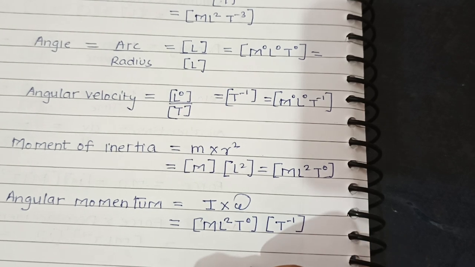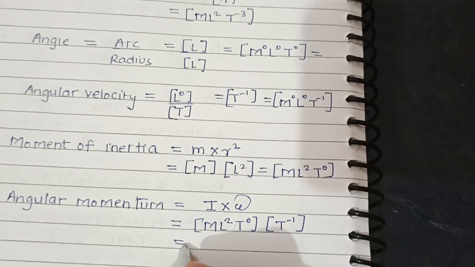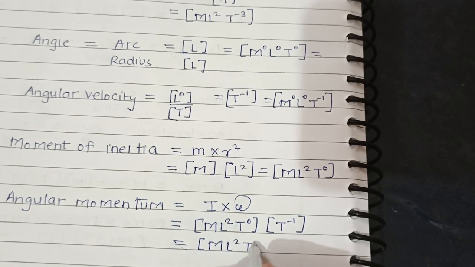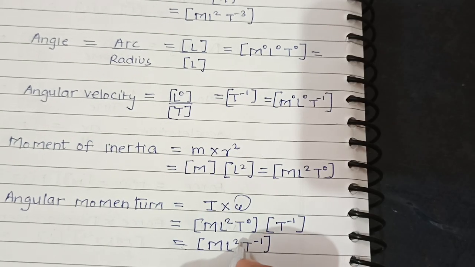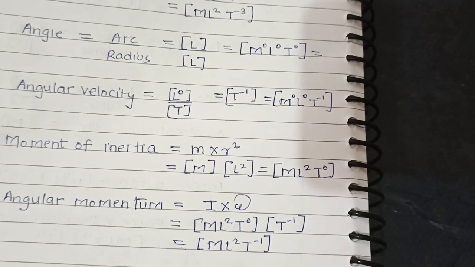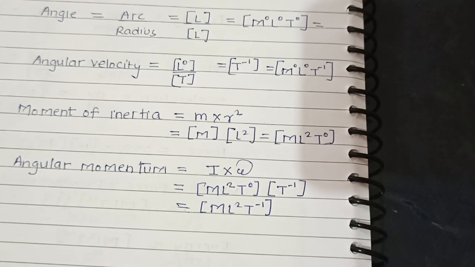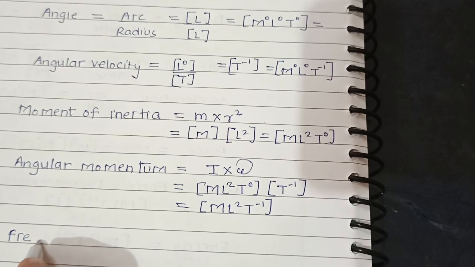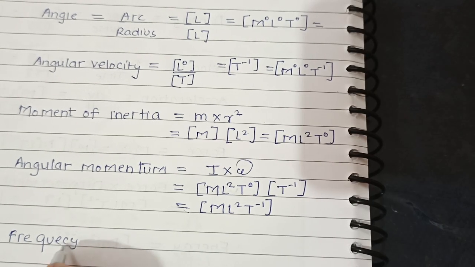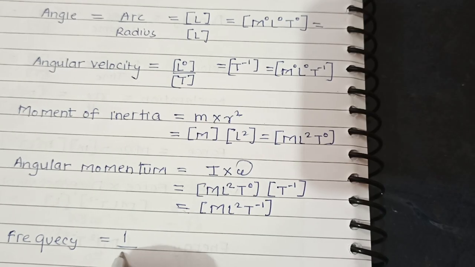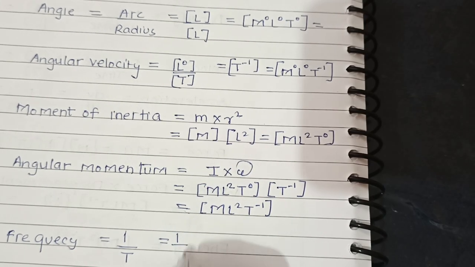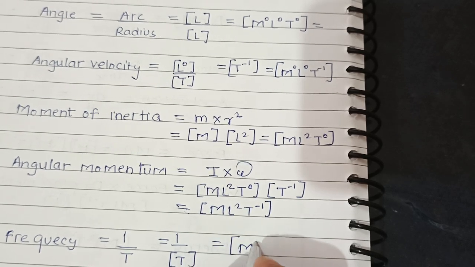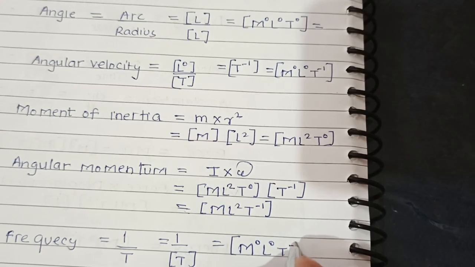So that is M L square T to the power minus 1. Frequency is equal to 1 upon T, so that is T to the power minus 1.